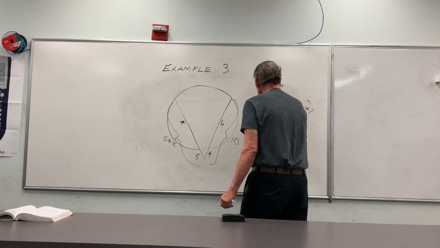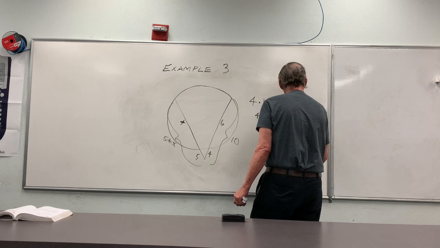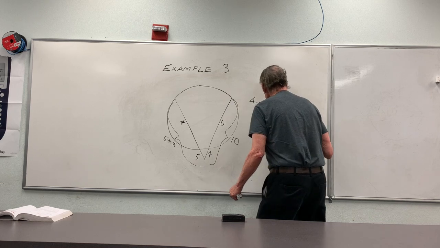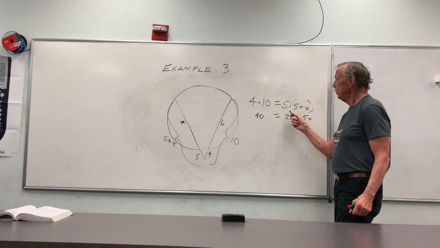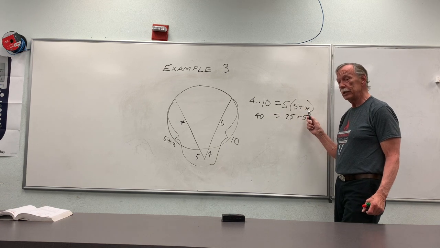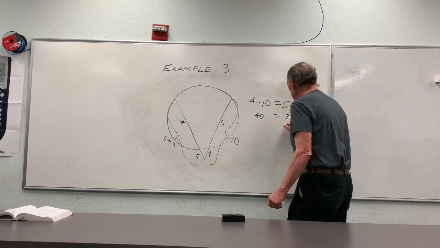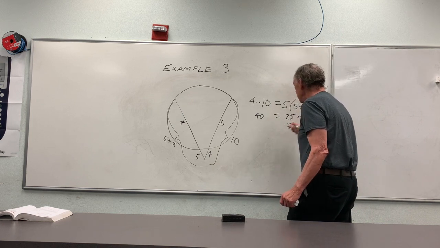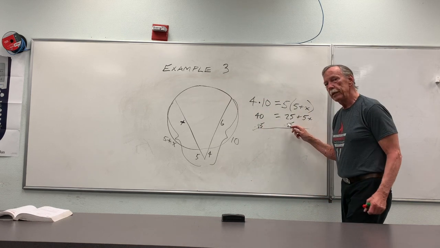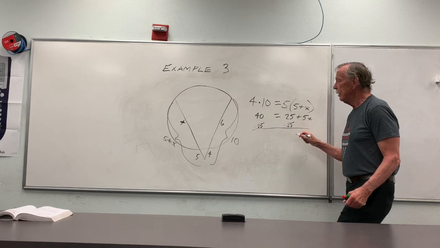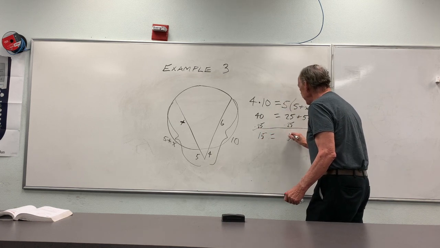40 is 25 plus 5x. 4 times 10 is 40. 5 times 5 plus x is 25 plus 5x. Subtracting 25 from both sides gives us this. 15 is 5x.